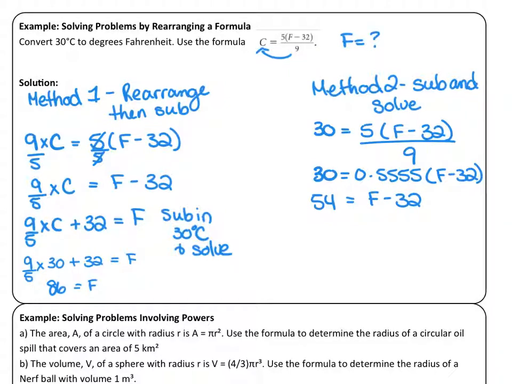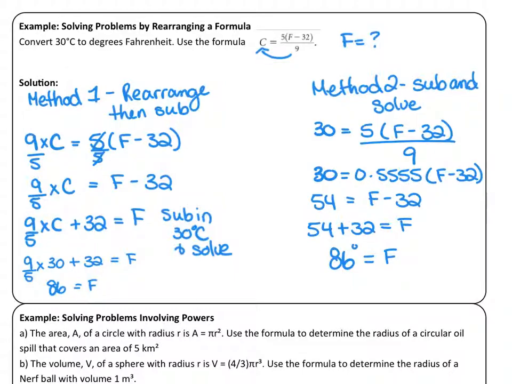And then we'll add the 32. 54 plus 32. You notice you get the same answer, it's just I approached it a different way. So feel free, either method works. You decide which one will work for you.